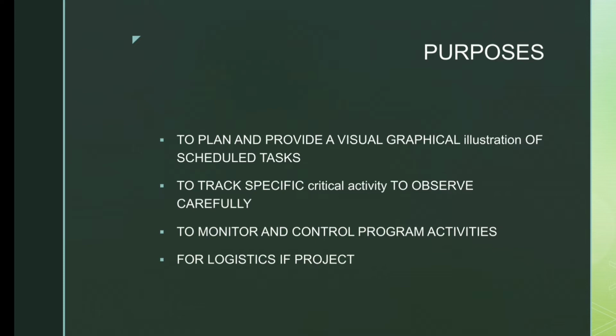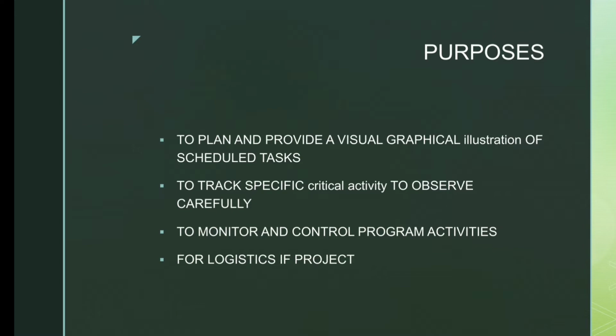So we can easily visualize the activities. Second, to track specific critical activities and observe them carefully. When we are going to start a particular activity, in the second week or third week, we can visualize that and plan accordingly.